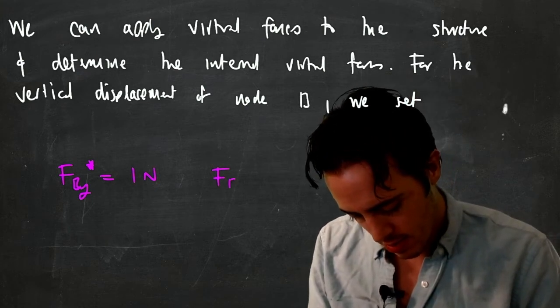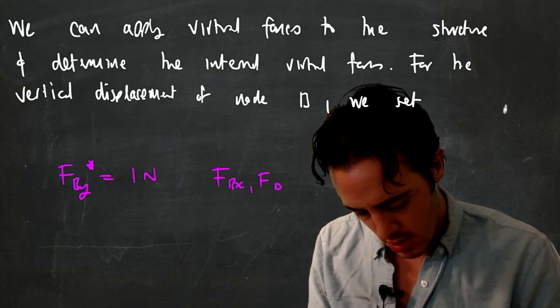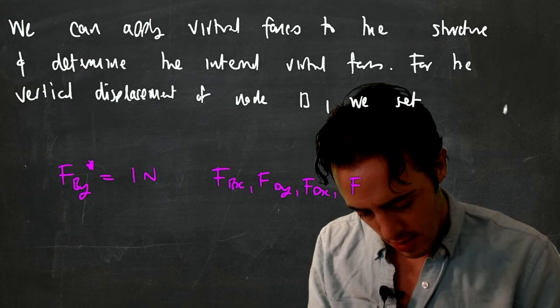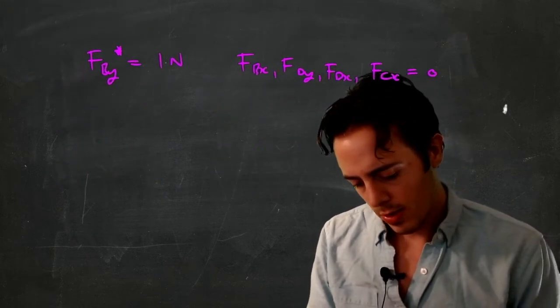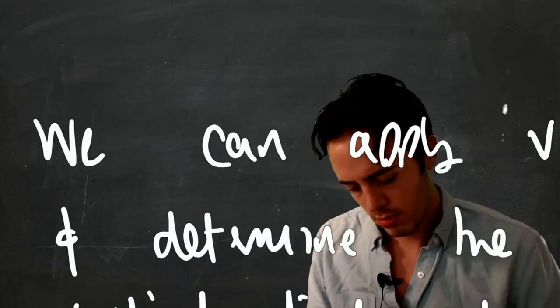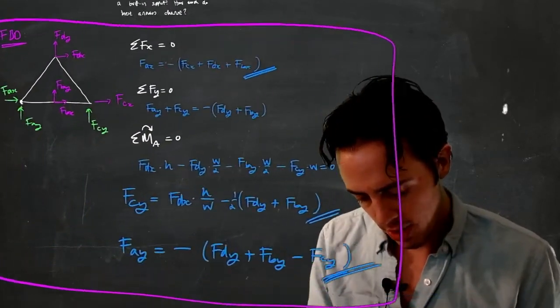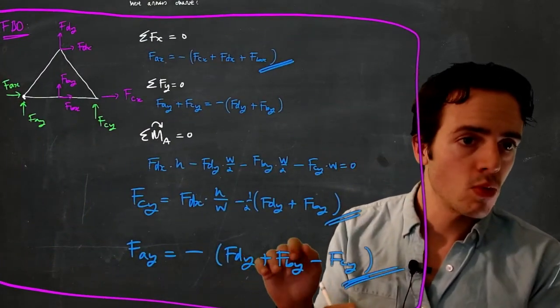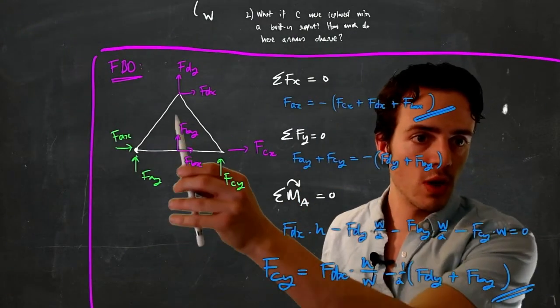So FBX, FDY, FDX, and FCX are all equal to 0. So we take this here as our only loading, and we then go back to the free body diagram, work out the reactions, but we've now just got a single Newton going vertically.